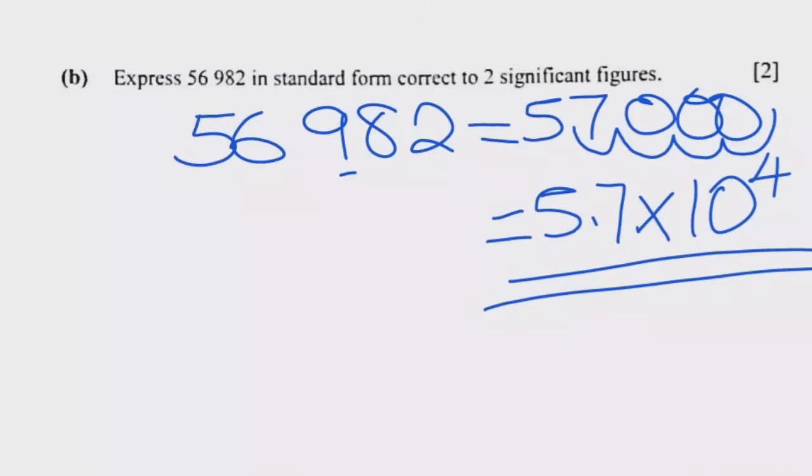Basically, that's how you write these numbers correct to 2 significant figures and in standard form. If there are no questions, that's how you do this one.